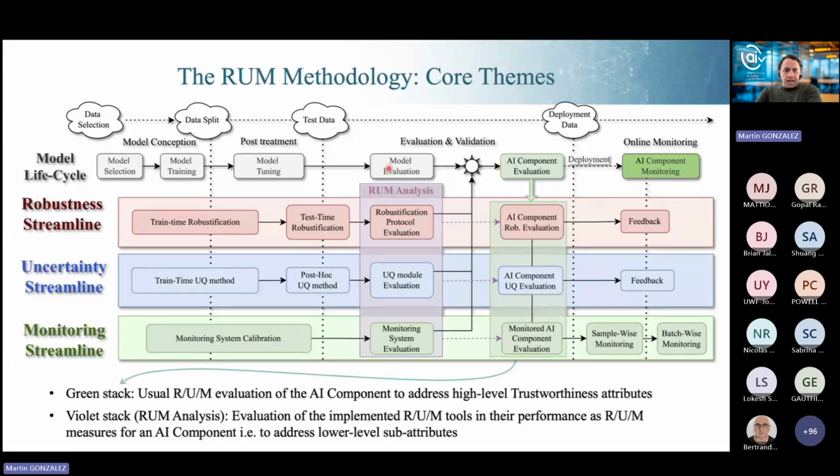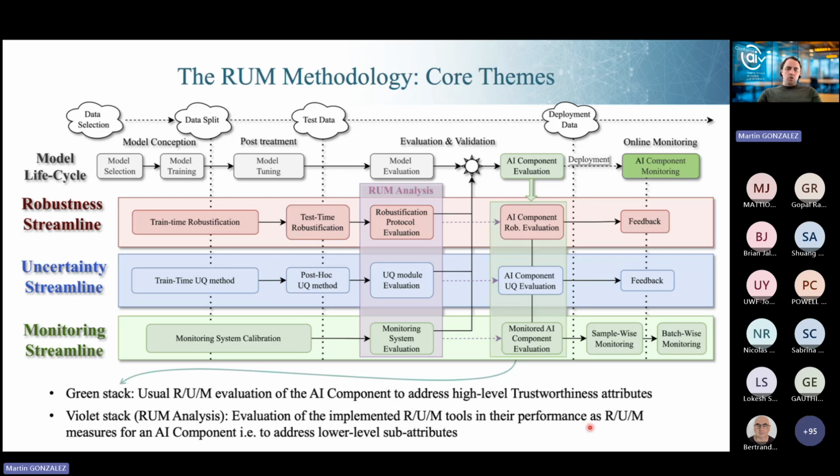And on the violet stack in here, which is what inside the RUM methodology is considered to be an analysis, is evaluation of implemented RUM tools in their performance as RUM measures for an AI component, which means to address lower levels of attributes. So I'm going to get into detail on what this means with concrete examples in a bit.